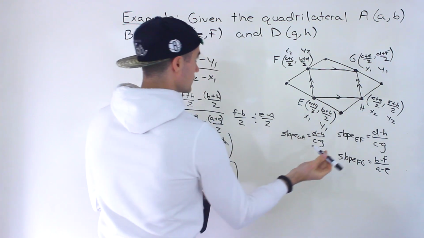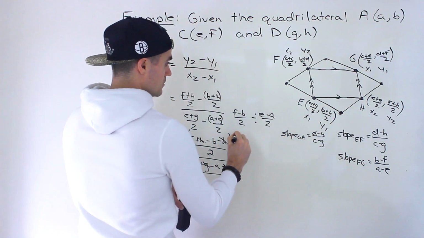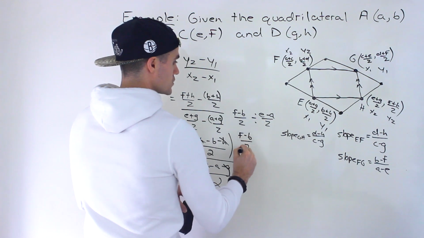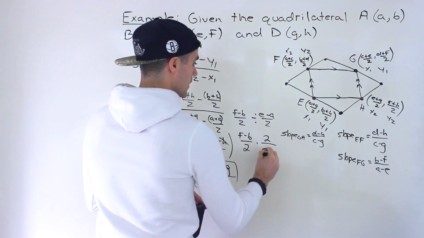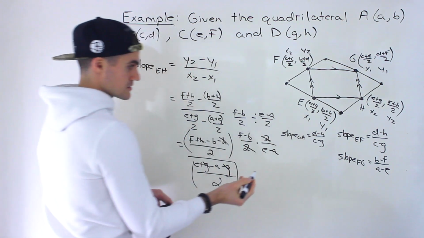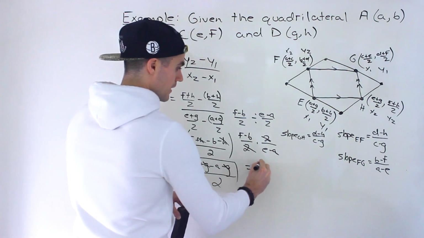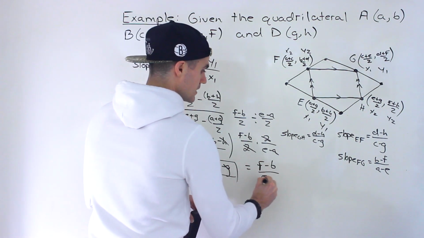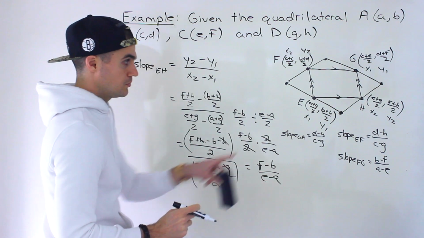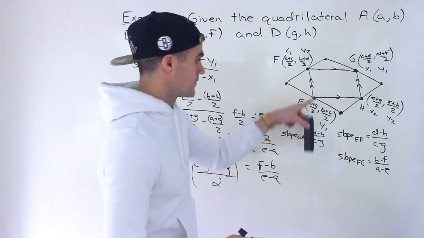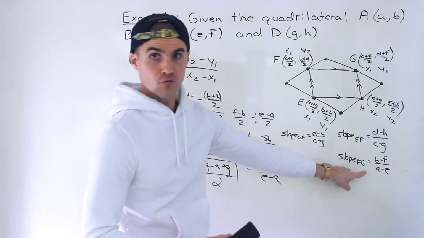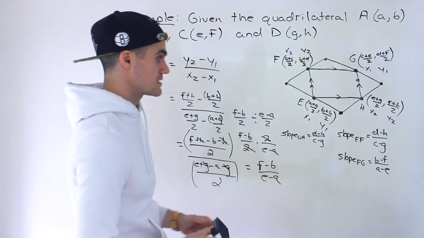Yes, the e right there. Okay, so now we'll have f minus b over 2 times 2 over e minus a. The 2's cancel out, and we end up with f minus b over e minus a for the slope of EH. Notice, different format than that, but it is the same thing.